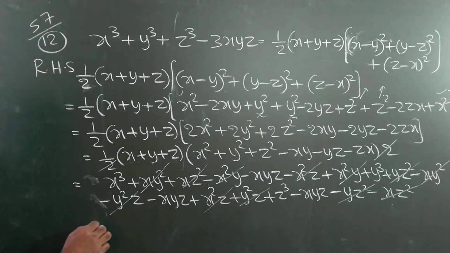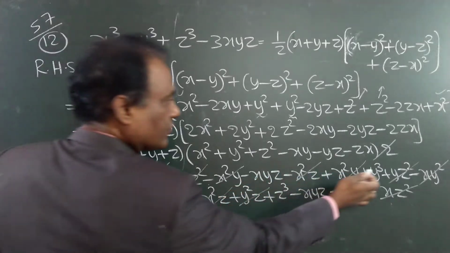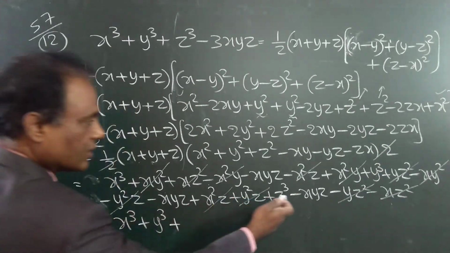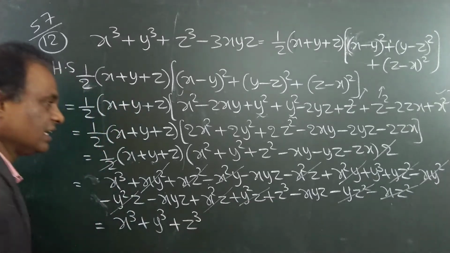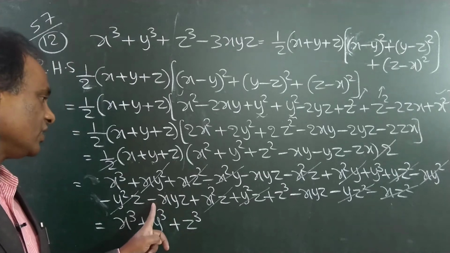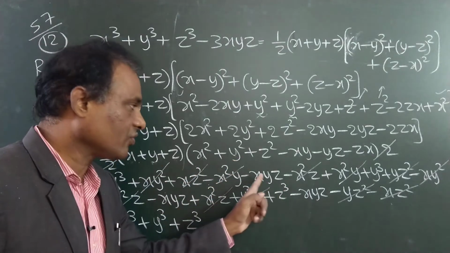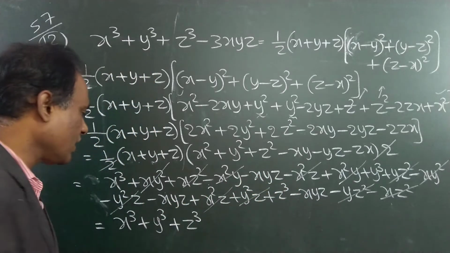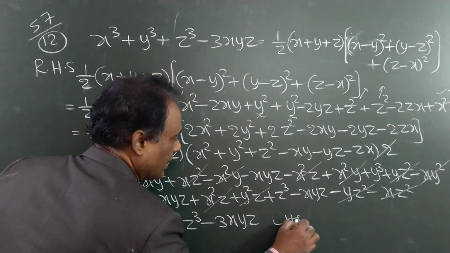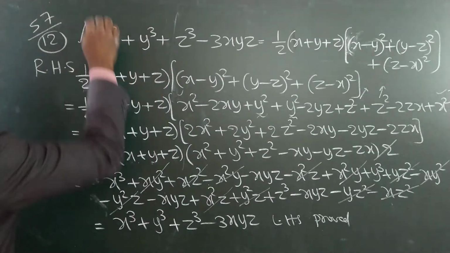So x cube remains, y cube remains, z cube remains, and minus xyz, minus xyz, minus xyz. If one were plus and one minus we would cancel, but all minus means we add: 3xyz, which is our LHS. So proved.